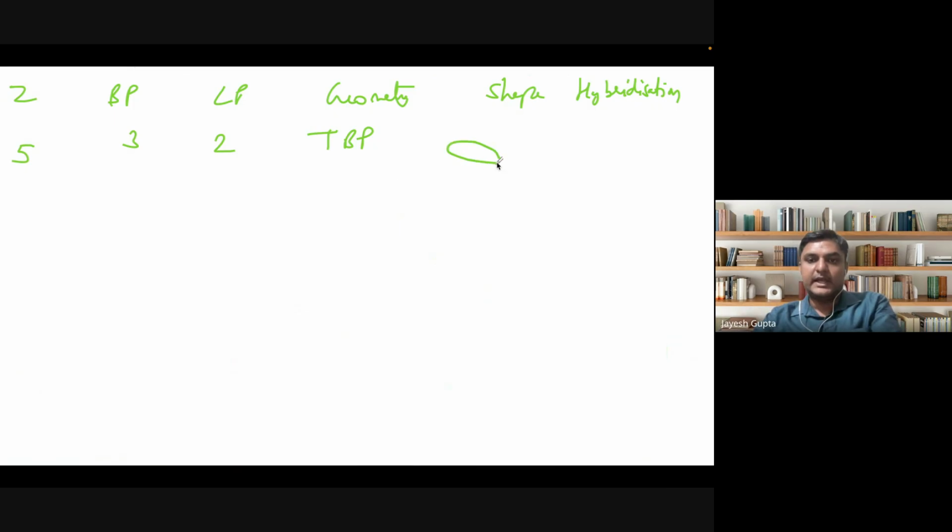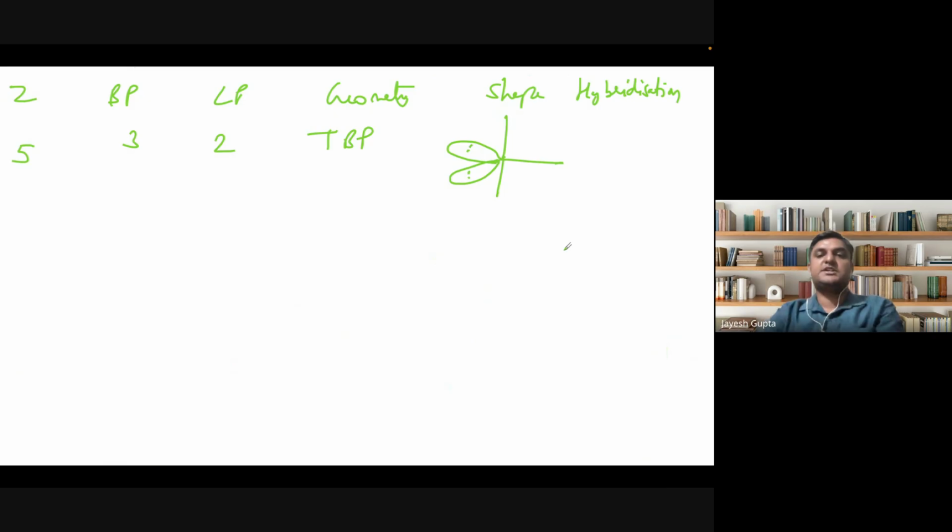In equatorial, I can place two lone pairs like this, and one bond like this, and the other two axial will be like this.